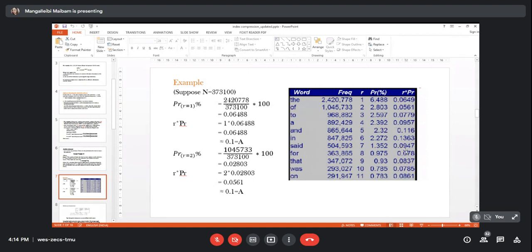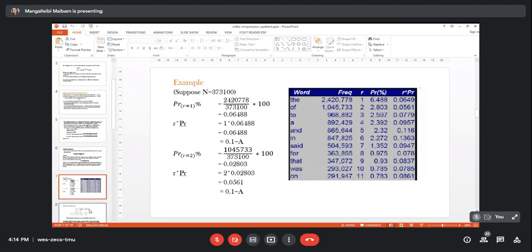So all this we have checked, and we got a value similar to 0.1. I have done the calculation only for rank 1 and rank 2, and last class I asked you to calculate for the remaining terms.